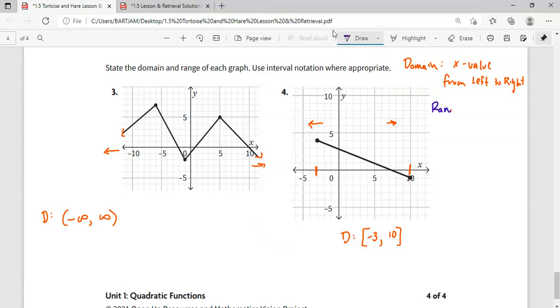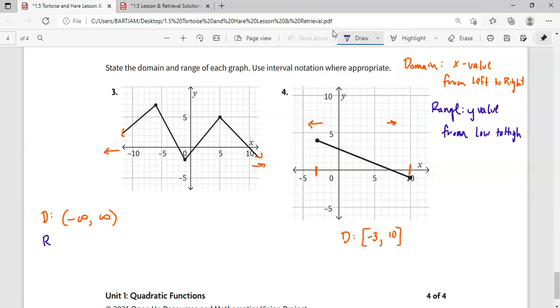Now the range is the set of y values represented in the function or in the relationship, and it's from my lowest value, going down, to the highest value going upward.